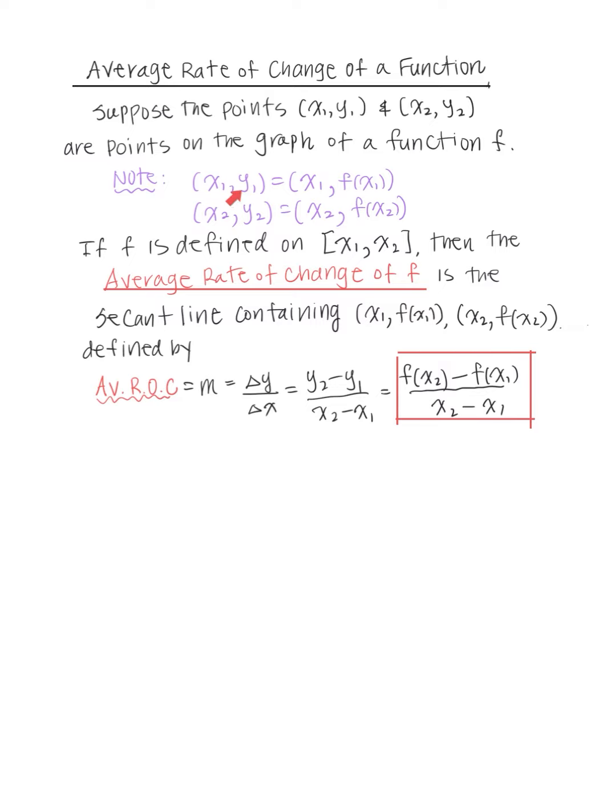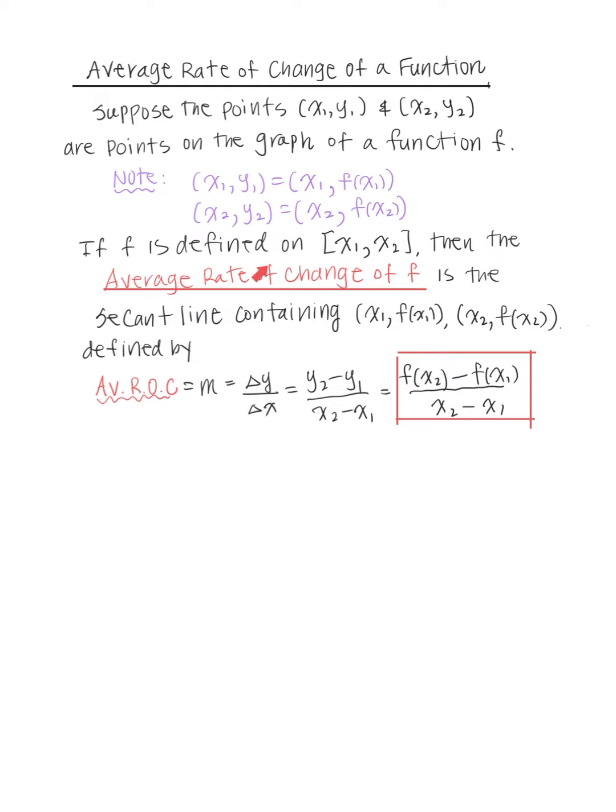So if y equals f of x, then do you see that this is equivalent to f of x sub 1? Because remember y equals f of x. So in this case, y1 must equal f of x1. And then here, same thing, x2 comma y2, I can rewrite that as x2 comma f of x2.